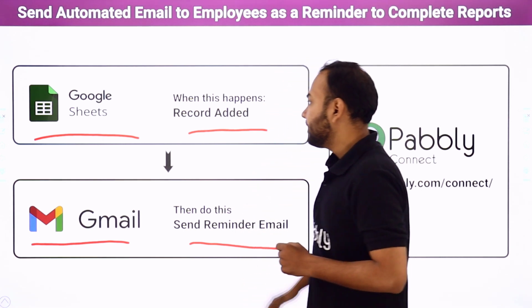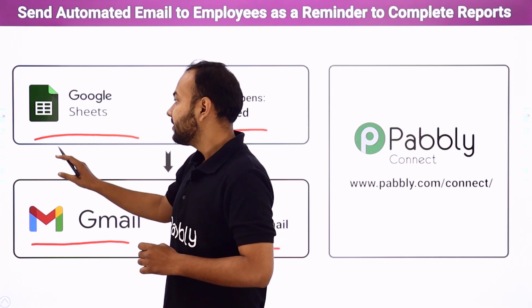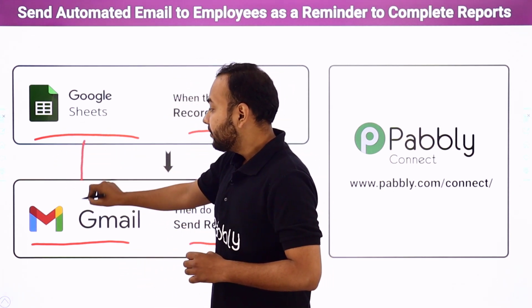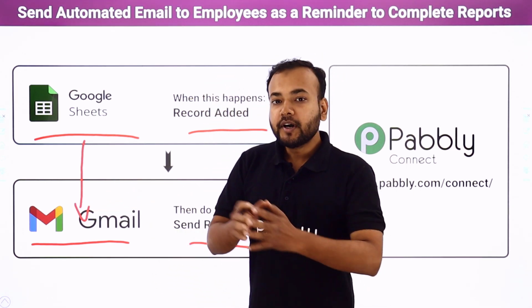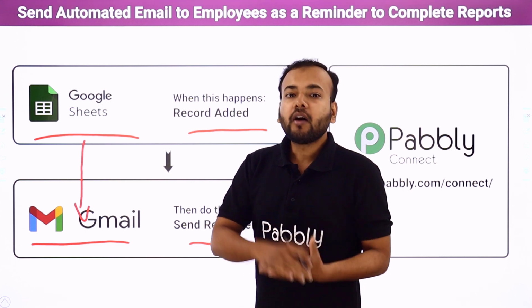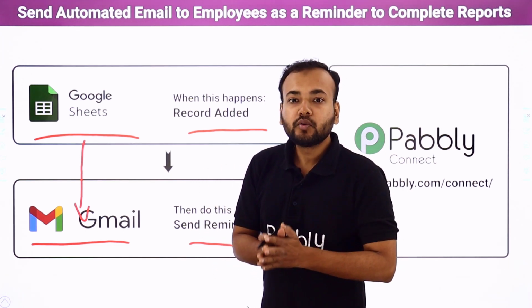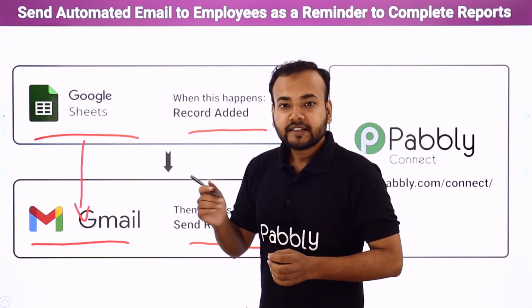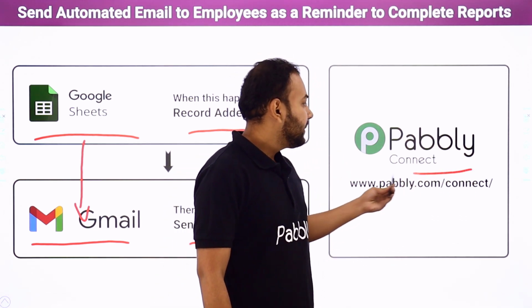What if I tell you that as per the record that you have added in the spreadsheet created in Google Sheets, an email reminder message gets automatically delivered to the employee on any particular day of the week? Let's say on every Monday, a reminder email will be delivered to those employees whose tasks are incomplete. This can happen, and to make this happen I am using a software called Pabbly Connect.